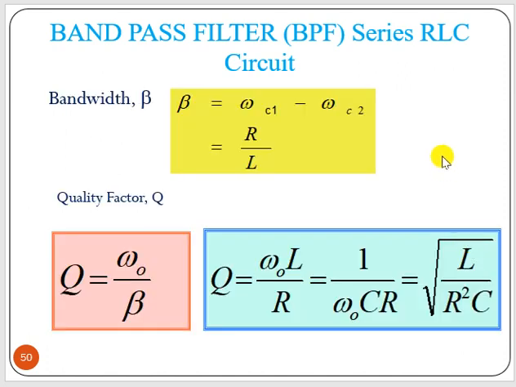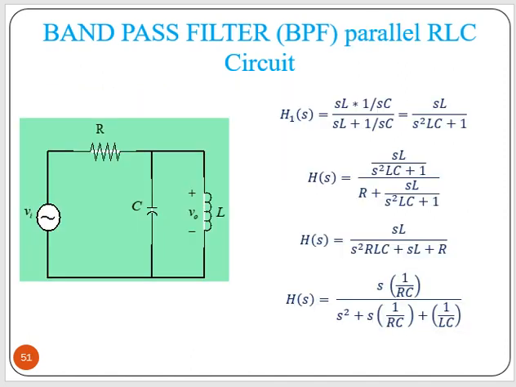Now the bandwidth is nothing but R by L, and Q is omega 0 by beta, where beta is the bandwidth, or Q equals omega 0 L divided by R. Those values you have already seen in the resonant circuit.